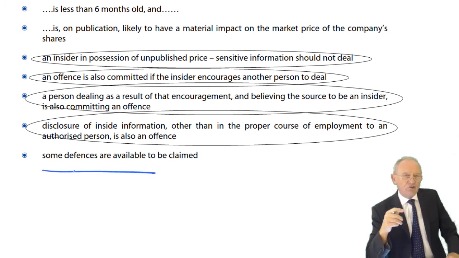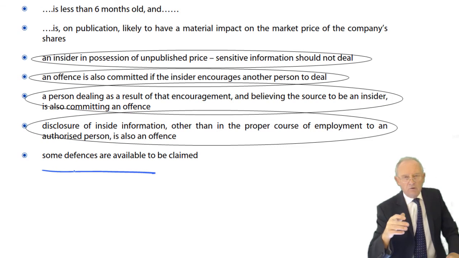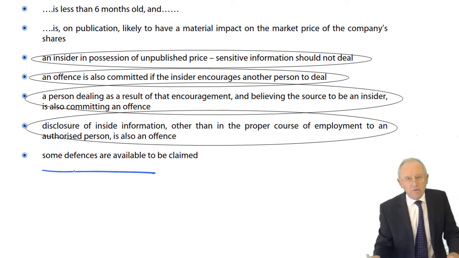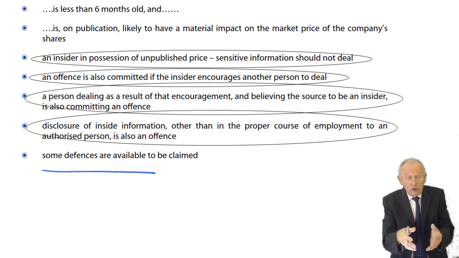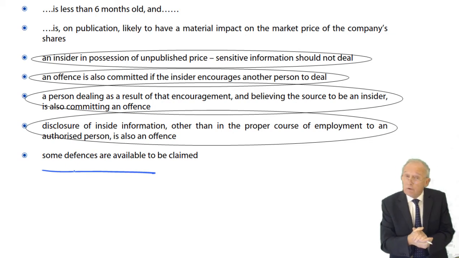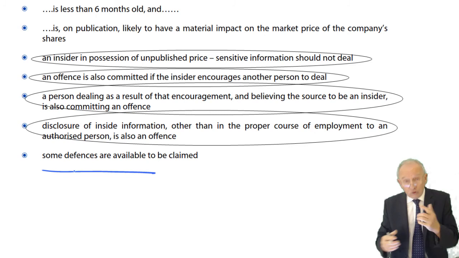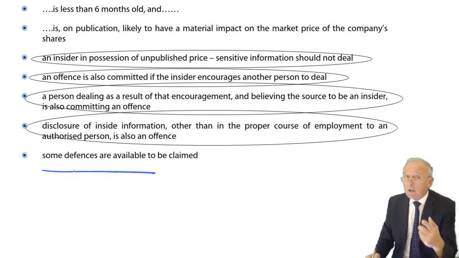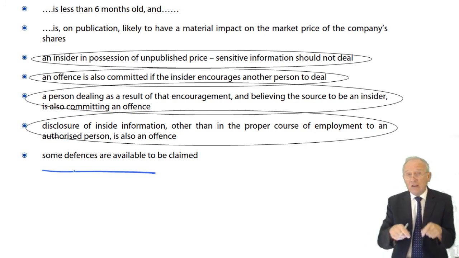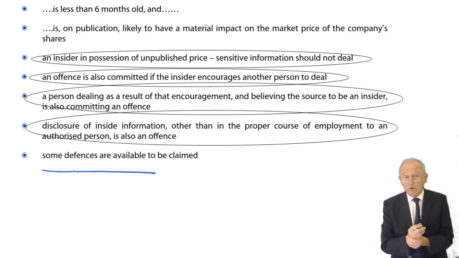Another defence is if you sold shares that you already hold and shortly after the share price goes down, and it is shown that you are the holder of unpublished price-sensitive information and that you have a connection with the company, you can defend yourself by saying, but I did not sell those shares in order to avoid a loss.